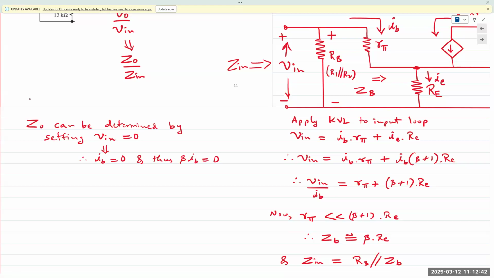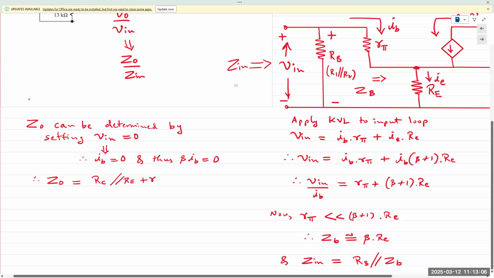So on the output side, we have IC. If we eliminate IB and reduce it to 0, we can eliminate IC from our equations. So we can find ZO. This is the impedance looking into the output terminals. And we obtain RC in parallel with RE in series with RO.